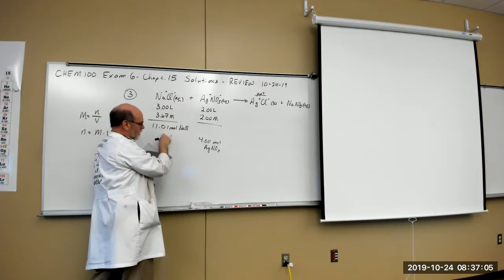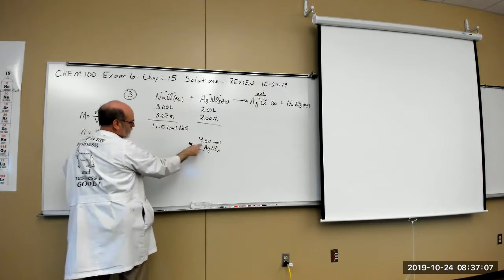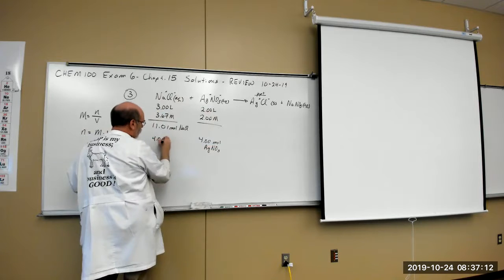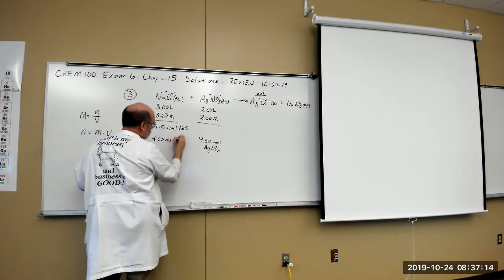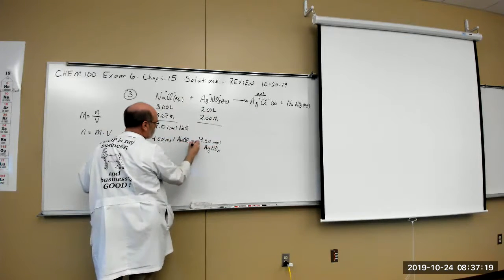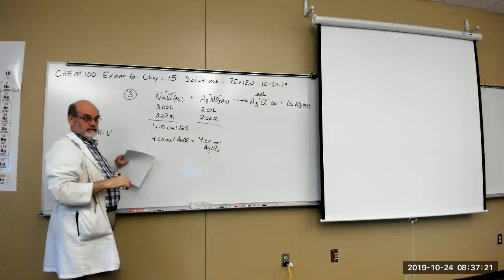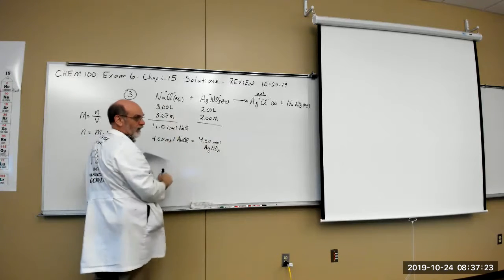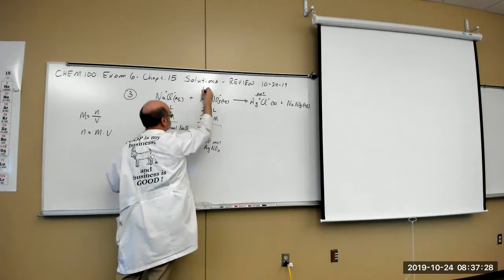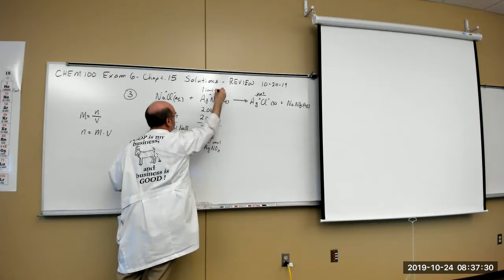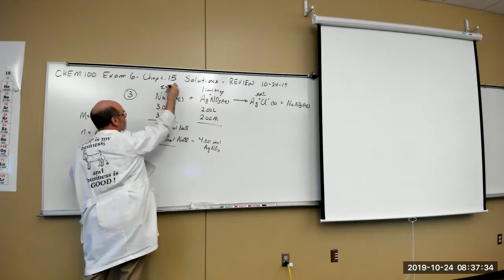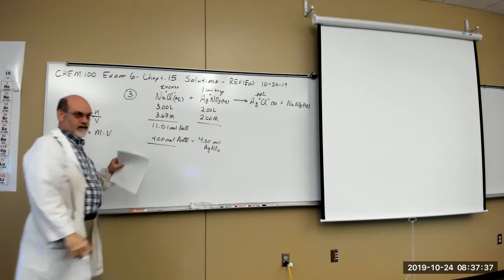So this much requires 4 moles of sodium chloride to be equal to that, right? 1 to 1. So that means this one's limiting. It's going to run out. This one's excess. Okay?